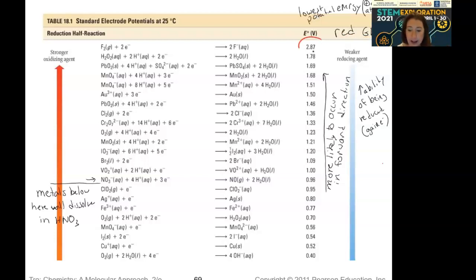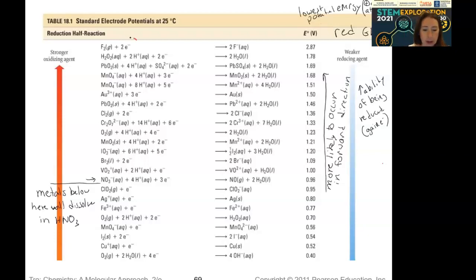Now, again, I say this two ways. I either say the higher on the table or the more positive it is. I'm going to keep using both of those because I'm not sure which one gets through better to your brains. So the higher it is, or the more positive it is, the more likely it is to go in the forward direction.